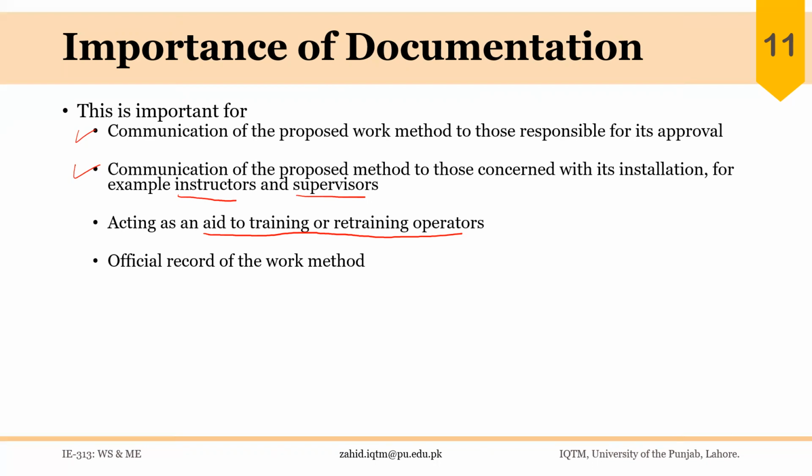And finally, these documents act as an official record of the work method. So it can be used by new managers or new supervisors to better understand the past practices using these records, and they can, of course, further improve them if required.